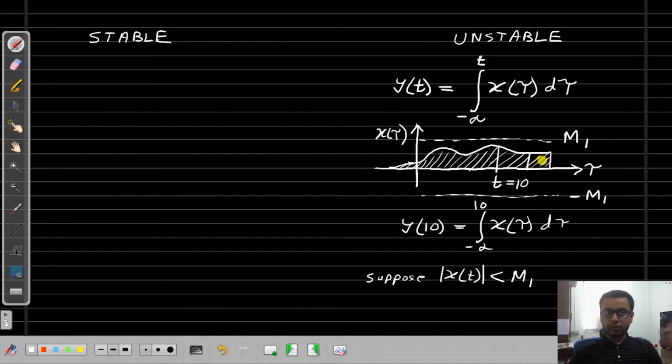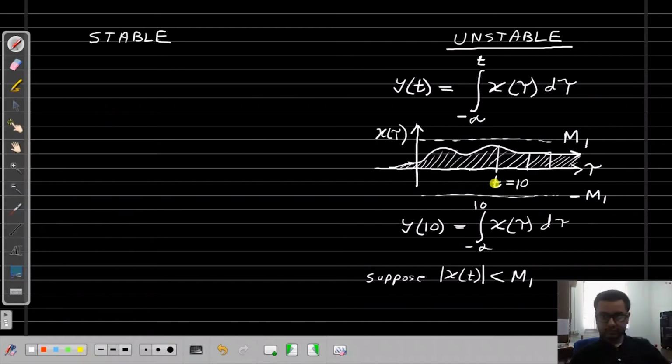For example, if x of tau becomes constant after this point, then the area under this curve, which represents the value of the output, will keep increasing and increasing without any bound. So that system is an unstable system.